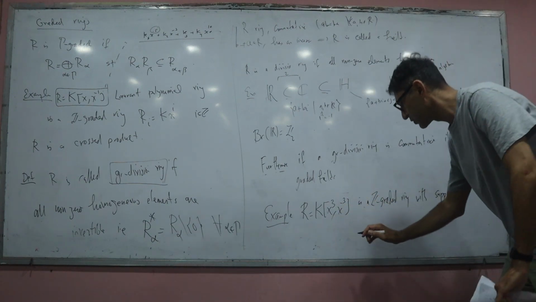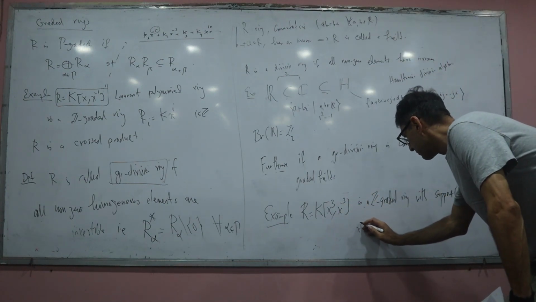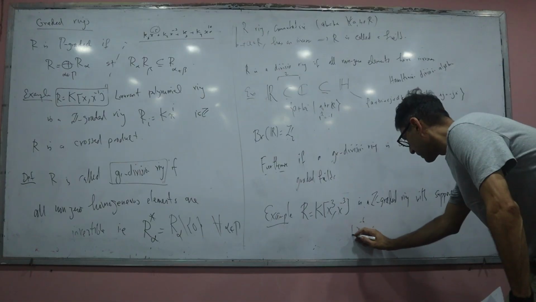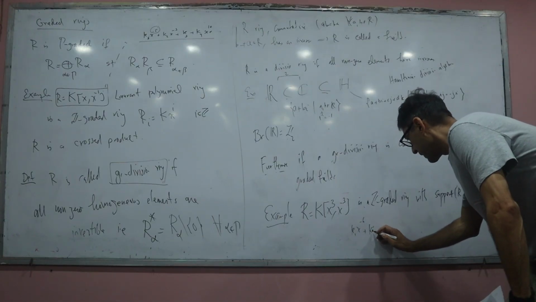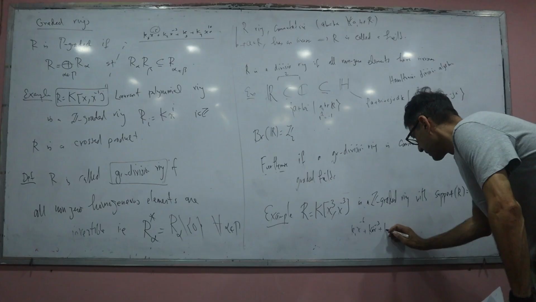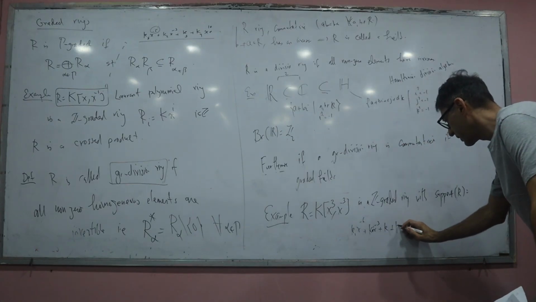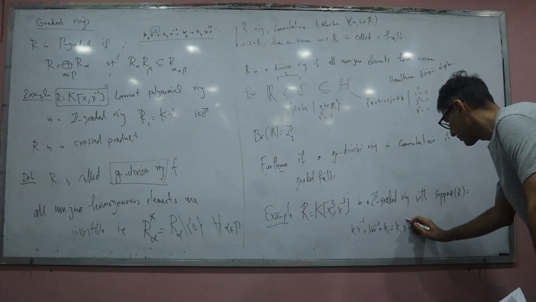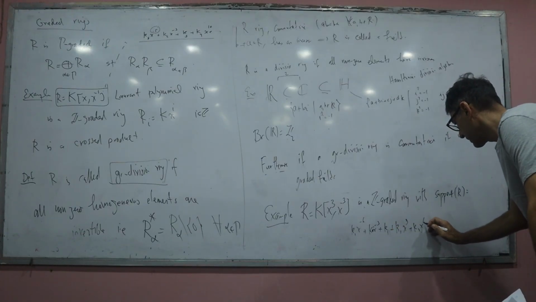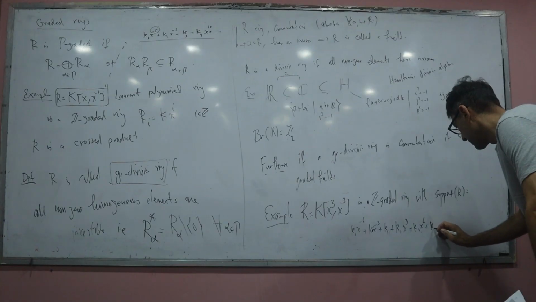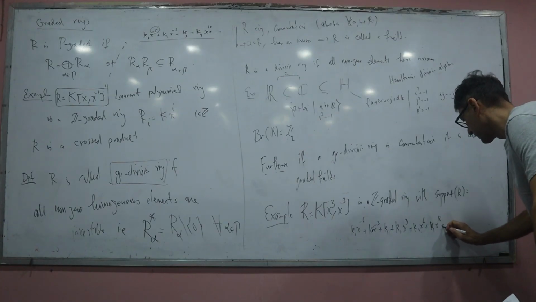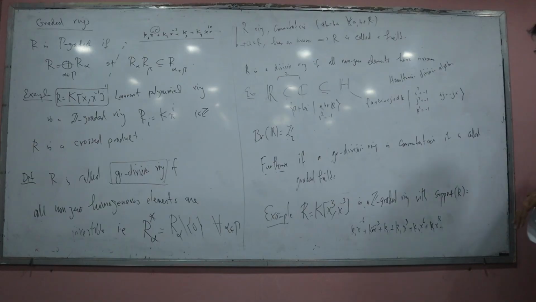So the elements here look like, well, x^-6 with some coefficients, k x^-3, then k x^0, which is just k, plus maybe k something else, x^3, x^6, x^18, and so on. So they are all multiples of 3. So this is 3Z.